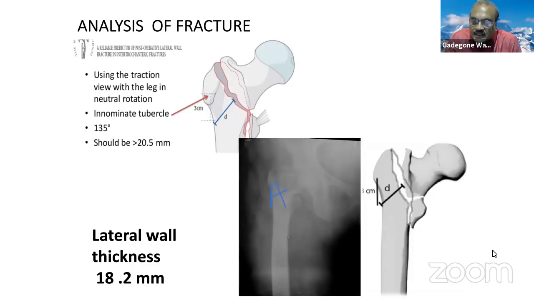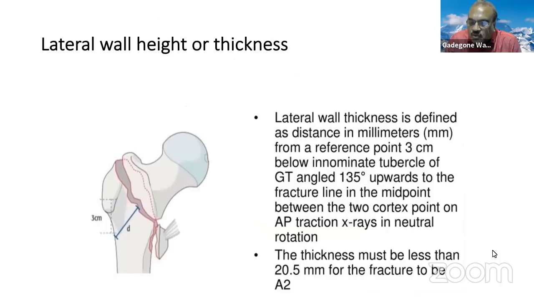Therefore, lateral wall fracture is much more common, and this is the most important article, from the horse's mouth. This is measured 3 centimeters from the tubercle, at a 35-degree angle, and if you find that the wall is less than 20.5 mm, then it is likely to fail, even in A1 and A2 fractures.